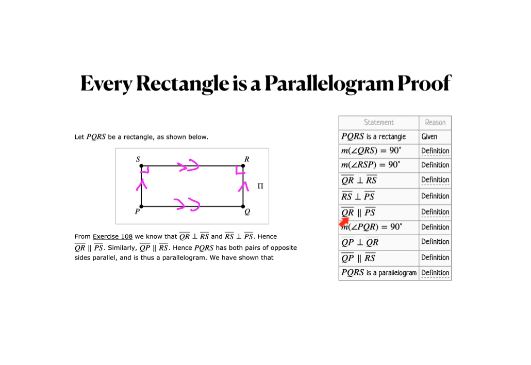Therefore, we know that QR is parallel to PS by definition. Lots of definitions here. The measure of angle PQR is 90 degrees. That's true by definition. QP is perpendicular to QR, definition. QP is parallel to RS by definition, and therefore PQRS is a parallelogram by definition.